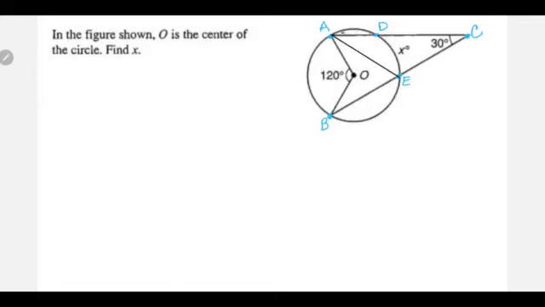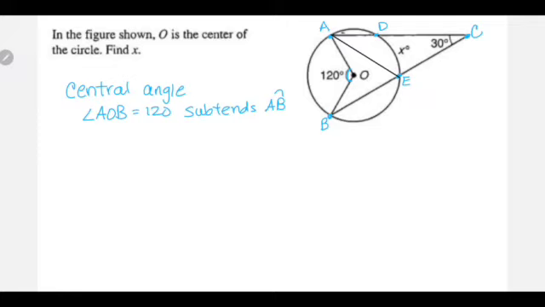Using the inscribed angle theorem that we just talked about, we're going to have central angle AOB, which we know to be 120. It subtends arc AB. So that will actually help us with another angle, this time an inscribed angle, this one right here.